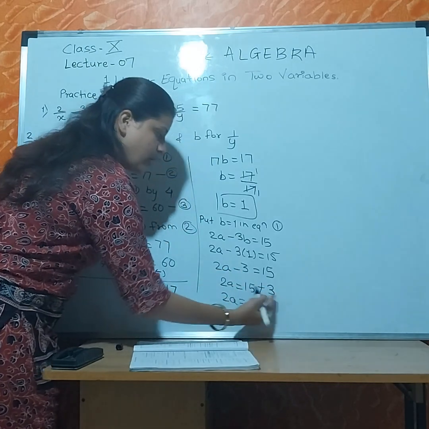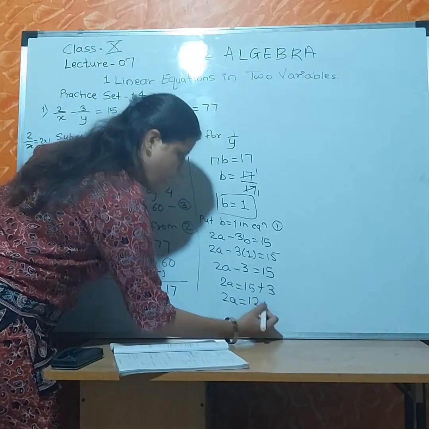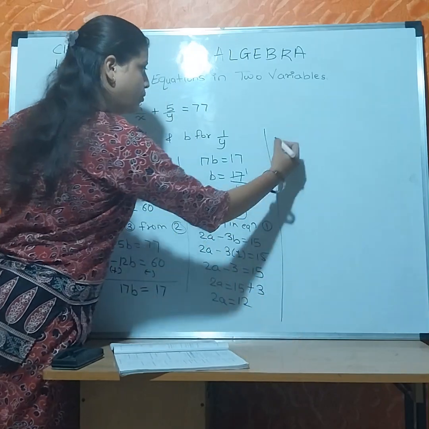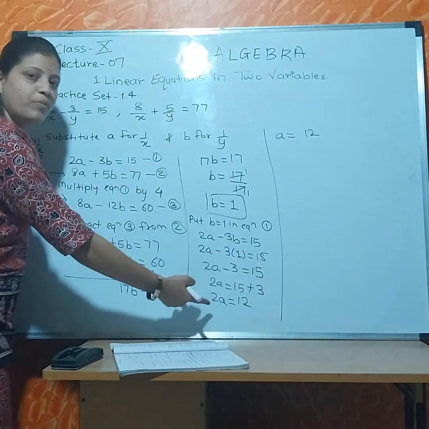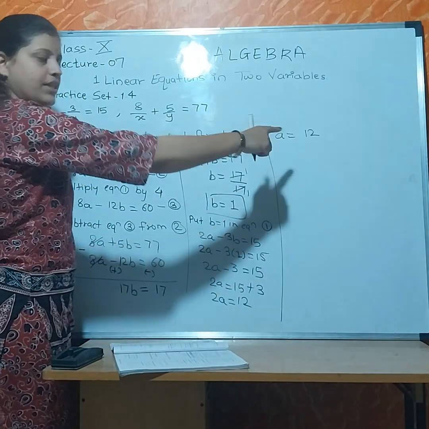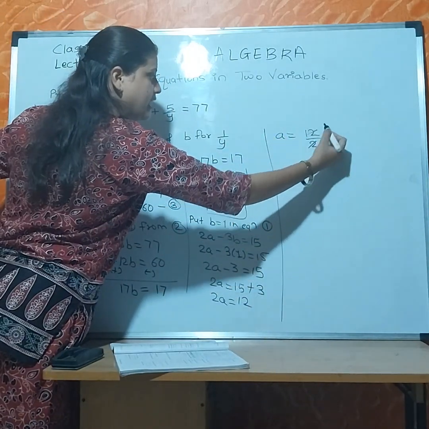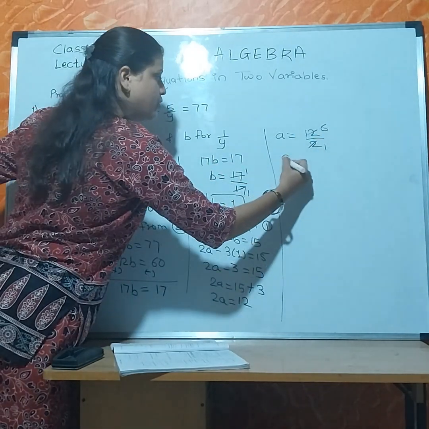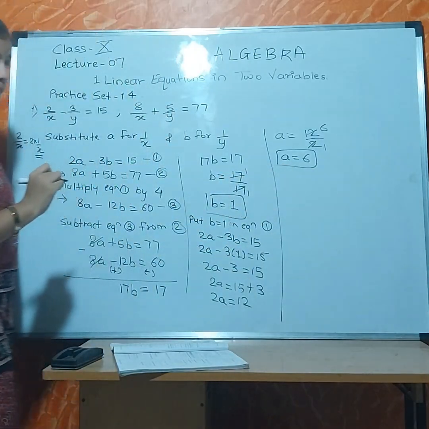So 2a is equal to, what is 15 plus 3? 18. Now a is equal to 12 upon 2, and this 2 is in the form of multiplication; on the opposite side it goes as divide. So 2 ones are 2, 2 sixes are 12. So a is equal to 6 is the answer.